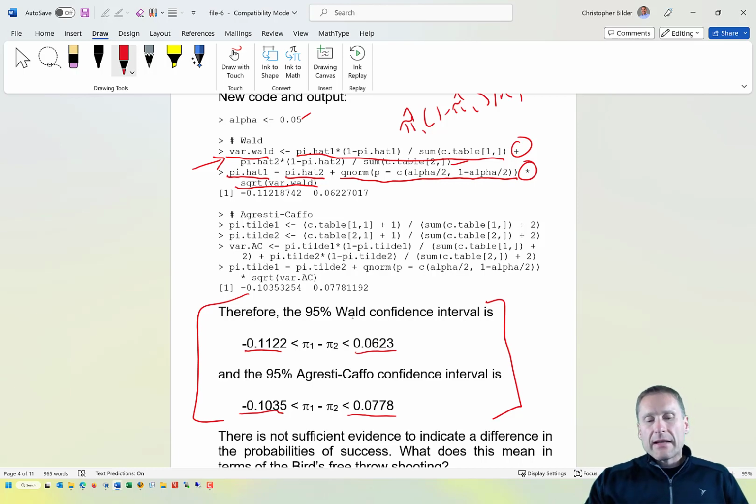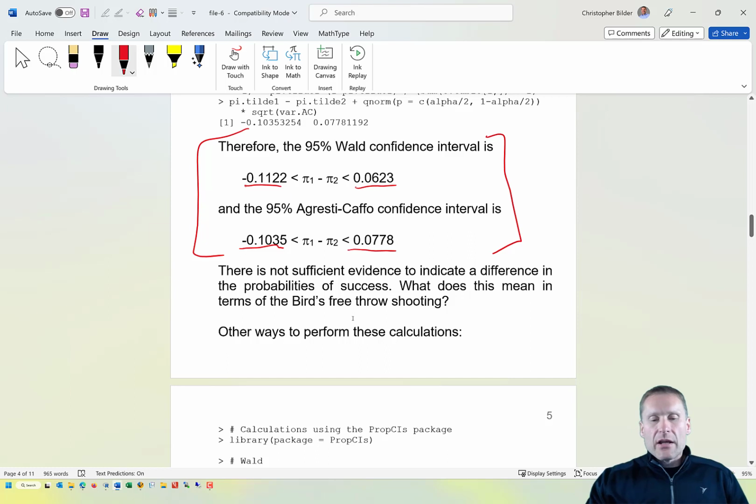Okay. Now, if we also take a look at the interval, notice that 0 is actually within the lower limit and the upper limit. So what this is saying is that pi1 minus pi2 could be 0. Putting this into the context of our original interest with this data, what this says is that pi1 could be equal to pi2.